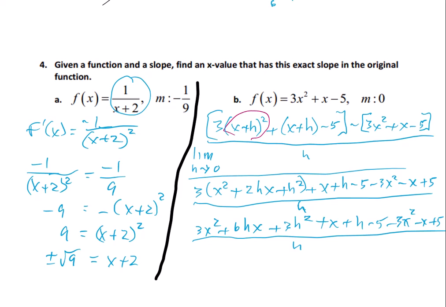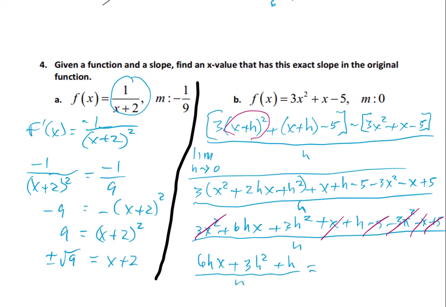Let's start canceling a little bit. So 3x squared minus 3x squared, plus x minus x, minus 5 plus 5. So that leaves me 6hx plus 3h squared plus h, all that's over h.